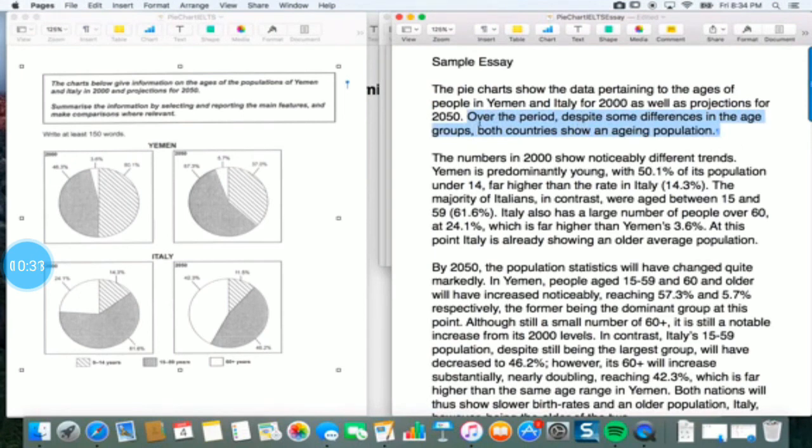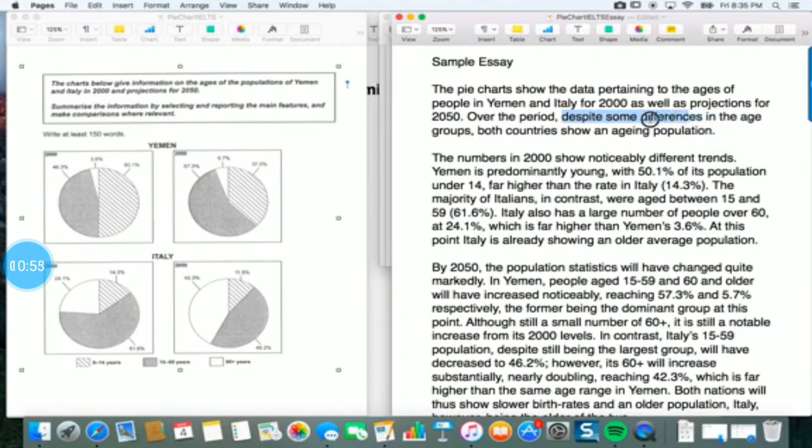Your overall sentence. So we have: the pie charts show the data pertaining to the ages of people in Yemen and Italy for 2000, as well as projections for 2050. Then your overall: over the period, despite some differences in the age groups, both countries show an aging population. Okay, so I added that in.